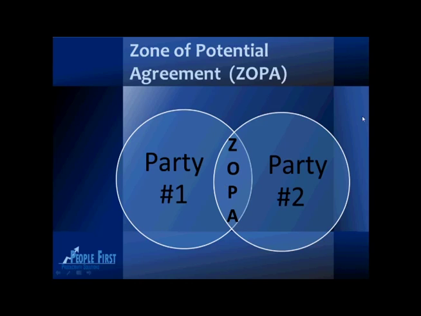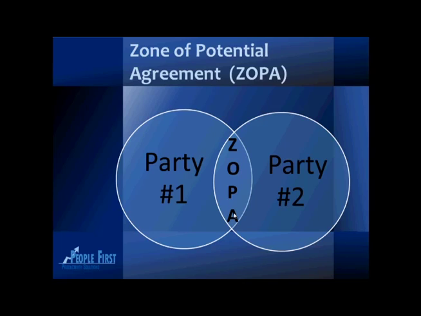Let's say your buyer is willing to spend up to $300,000, and you will take no less than $250,000. The ZOPA then, the Zone of Potential Agreement, is that $50,000 margin in between there. And both parties will be amenable to make a final agreement within that space.